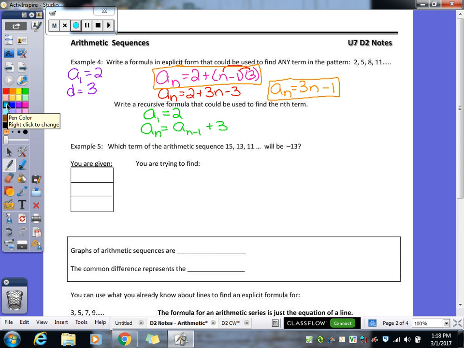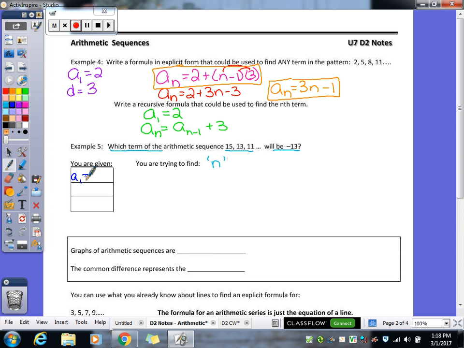So example 5, which term of the arithmetic sequence of 15, 13, and 11 will be negative 13? So this one's asking a little bit different of a question. What are we actually looking for? We're trying to find our n. They asked us which term, which means we don't know our n. We're trying to figure out what position in that sequence negative 13 will be.